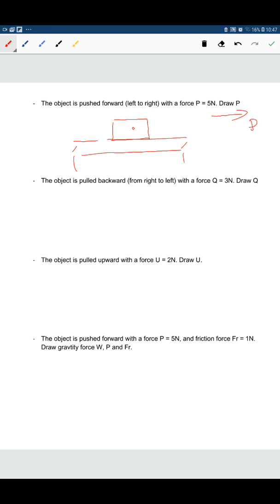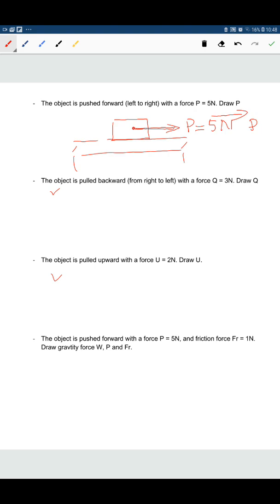So it should start somewhere here in the object and go here, and it's 5 Newton. Now that's your exercise: use the rules to draw the forces acting upward and pulling it backward. Okay, that is the exercise.